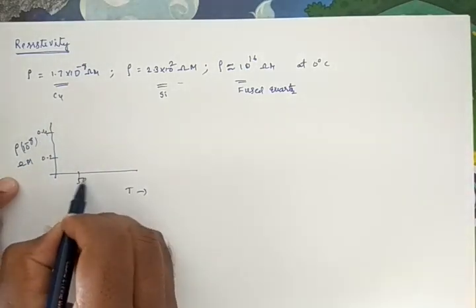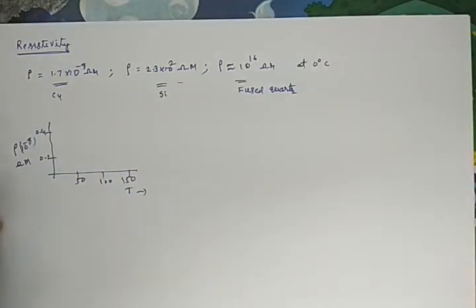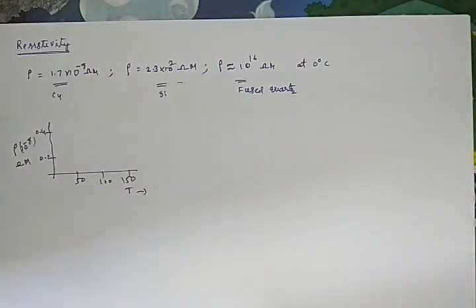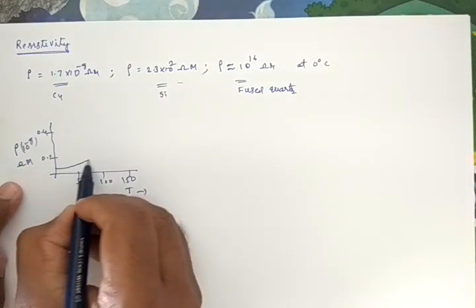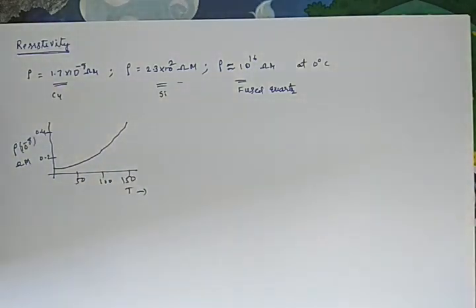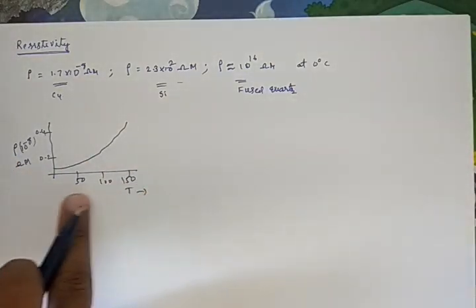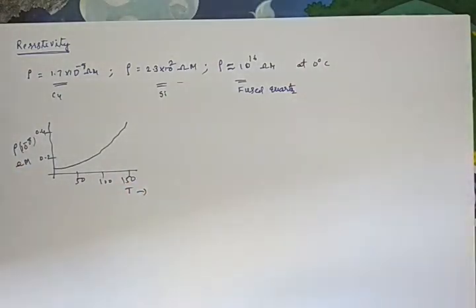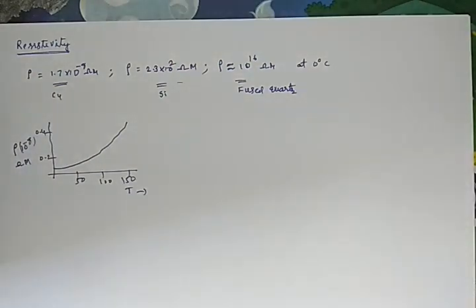Here 50, 100, 150, and I am taking the temperature on the Kelvin scale. As we increase temperature, resistivity goes like this. So resistivity is not constant, and it changes as temperature increases. This is for copper.